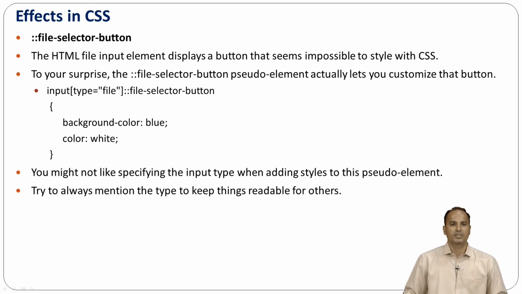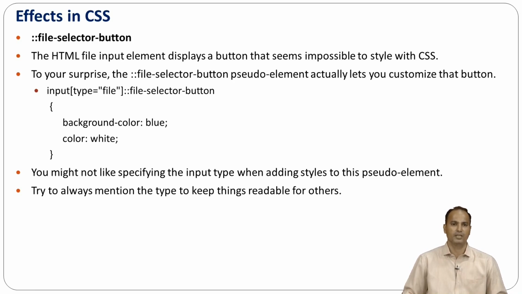Next is the file selector button pseudo element. The HTML file input element displays a button that seems impossible to style with CSS. To your surprise, the file selector button pseudo element actually lets you customize that button. So it allows us to customize the file selection button.